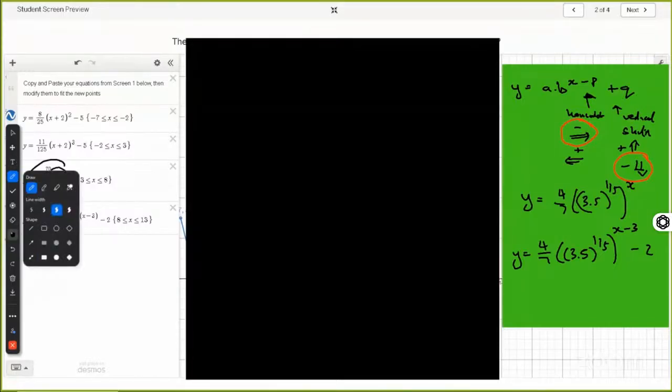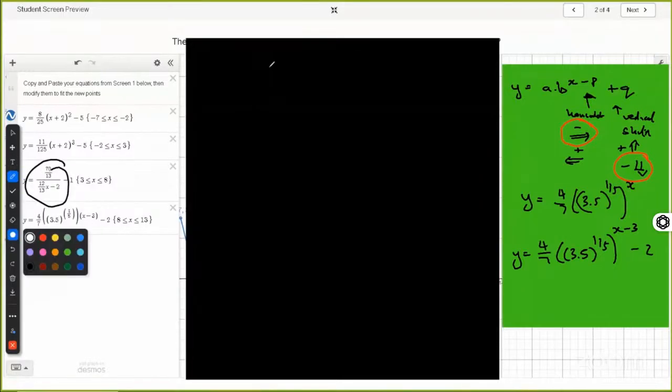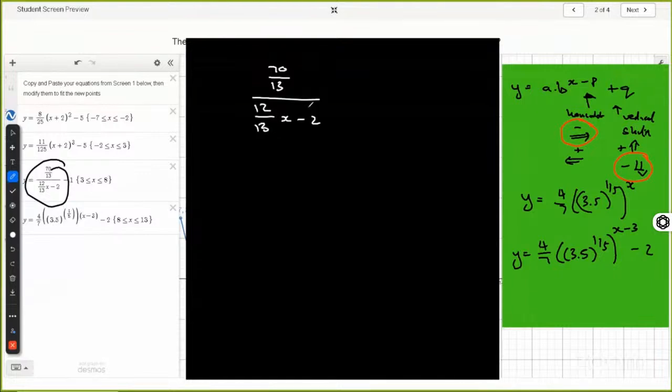Here we go. So I've got 70 over 13 divided by 12 over 13 x minus 2. Quickly work this out. 13 times 2 is 26. Denominator first, all over 13, all divided under 70 over 13.